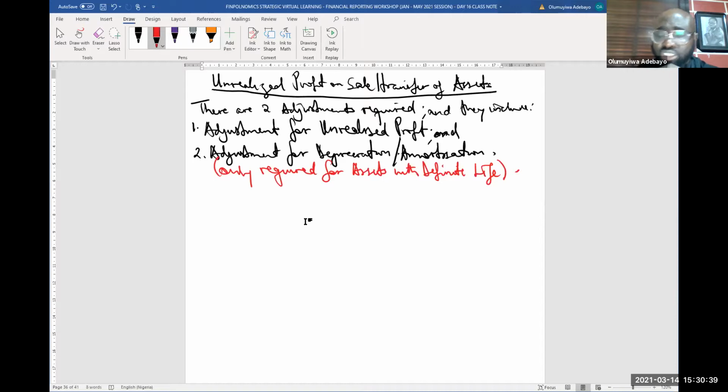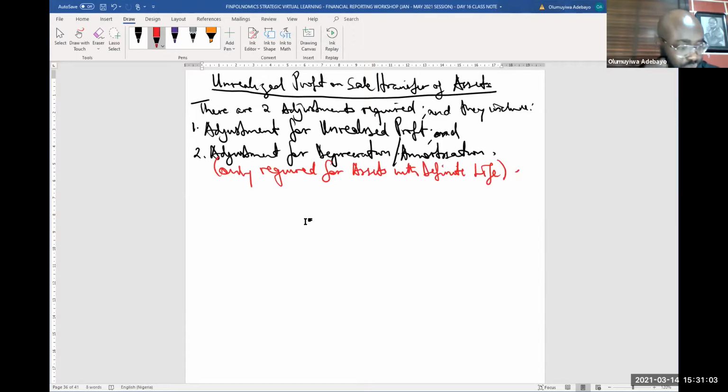But if it's an asset that is subjected to depreciation, because of the differences in the value that the asset was transferred for and what it was carried for initially by the former owner, it will automatically affect the amount of depreciation which you need to adjust for.